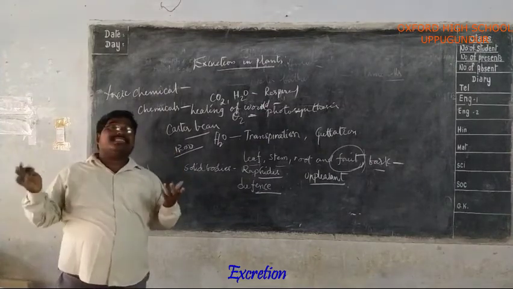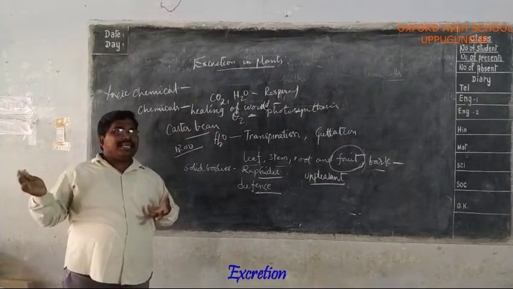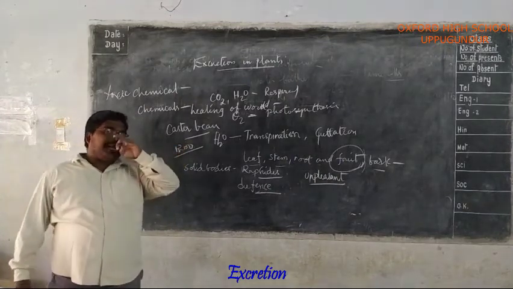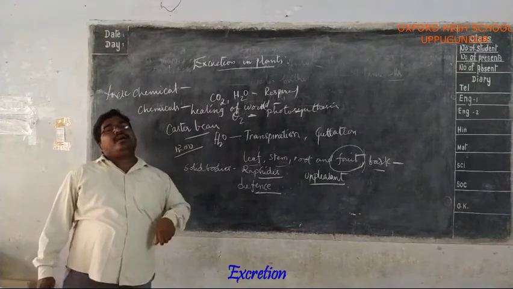Whenever the plant branches are cut down or eaten by other animals, at that time some of the chemicals are released, and they are helpful in the healing of the wound.